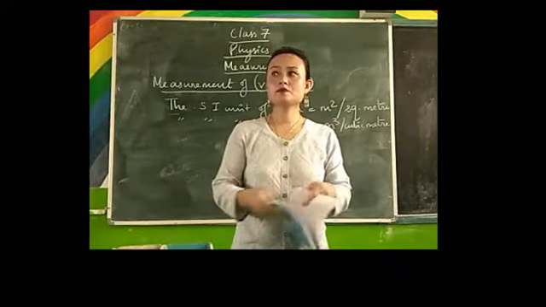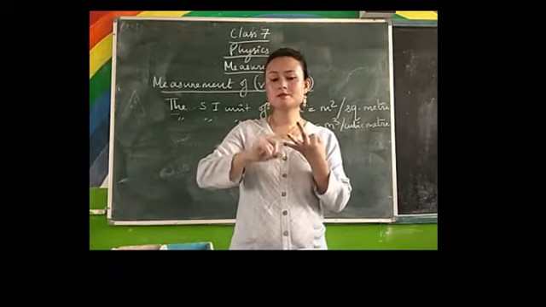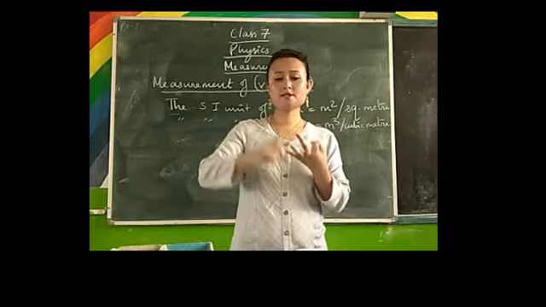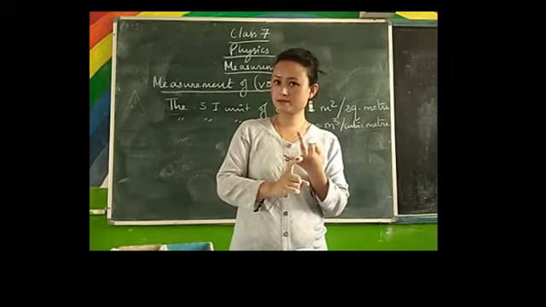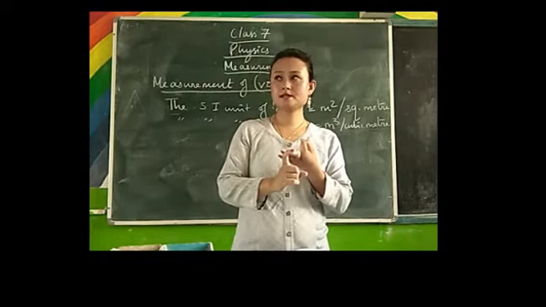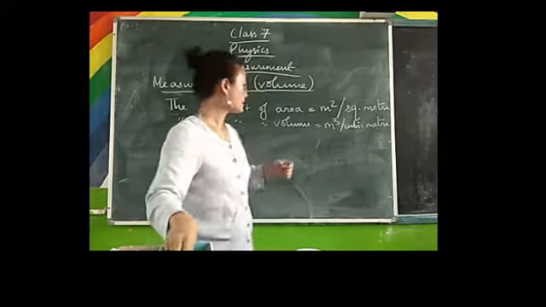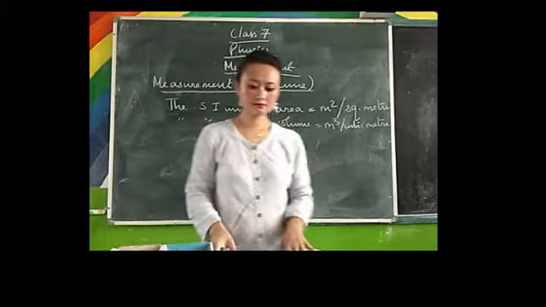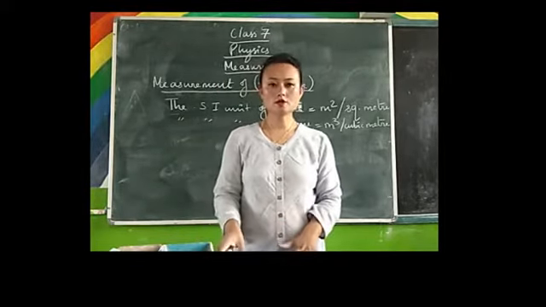That's why when we talk about volume, we have length, breadth and height, and all of them are in meters. The unit of length is meter, the unit of breadth is meter, the unit of height is meter. So when you multiply meter into meter into meter, you get meter cube or cubic meter. This is the unit of the volume of a solid.